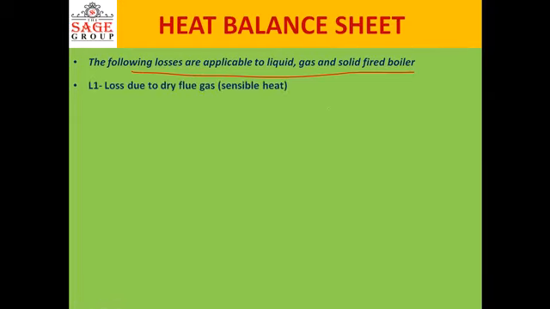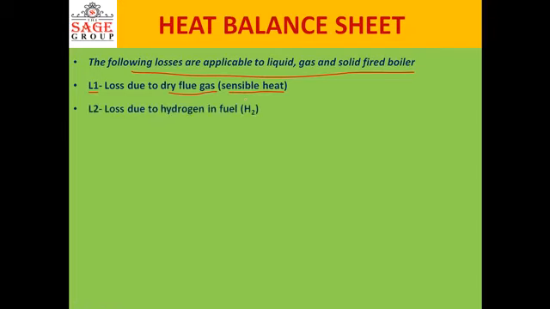Consider first L1, which is the loss due to dry flue gas. What amount of loss is occurring due to dry flue gas, and it is in the form of sensible heat. Sensible heat means that it changes the temperature of the substance.